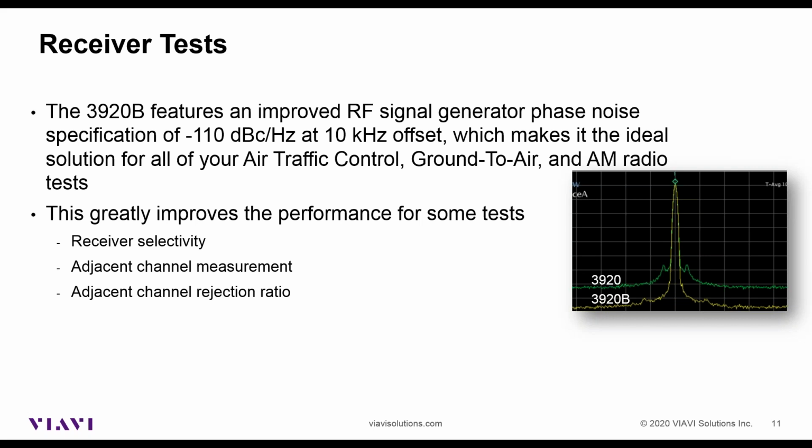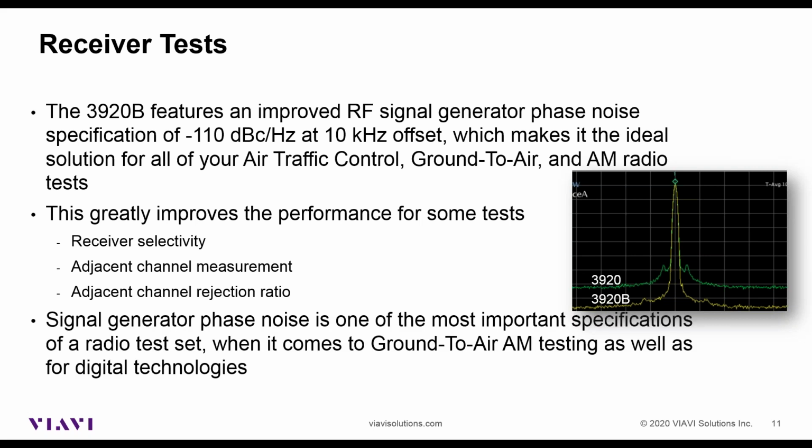It doesn't mean you can't use those older test sets. It just means that you might be closer to your test limit on these measurements. So if you want a good margin on that measurement pass-fail criteria, then the 3920B is the best unit to use.